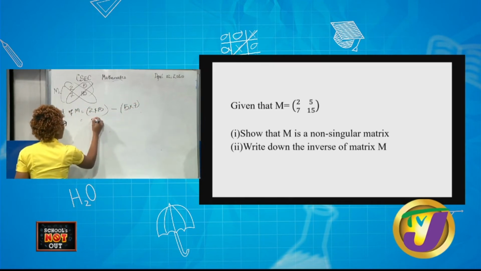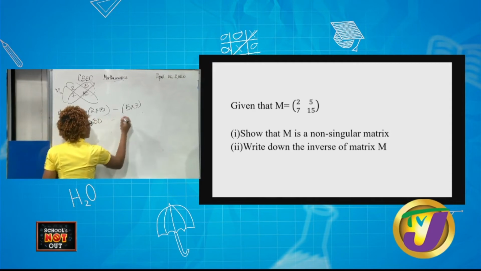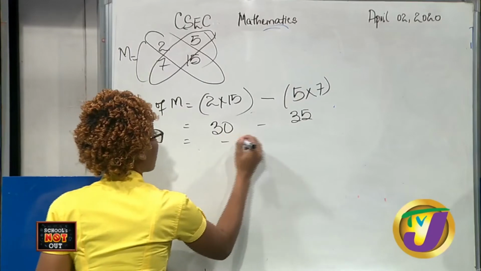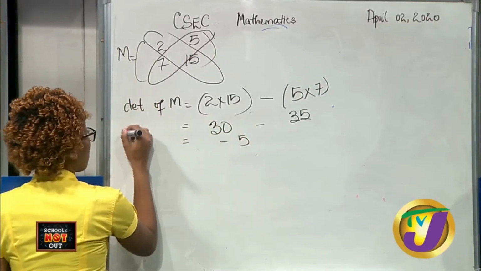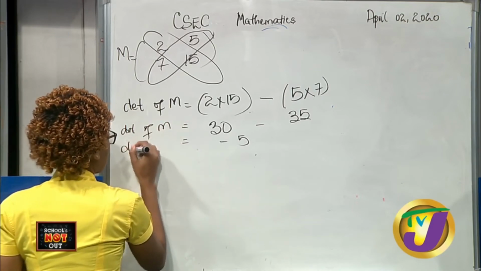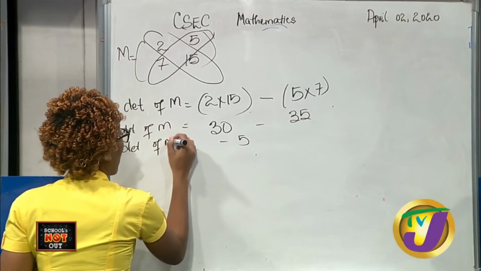So here I would have 30 take away 35, which leaves me with negative 5. So my determinant of M is negative 5.